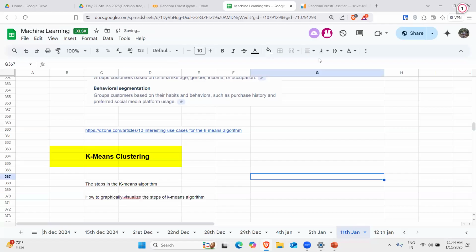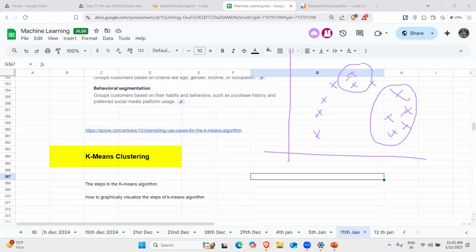It's just like this, guys. See, we plot data on the x and y axis, right? Suppose this is your data. We put that into different clusters like this, right?